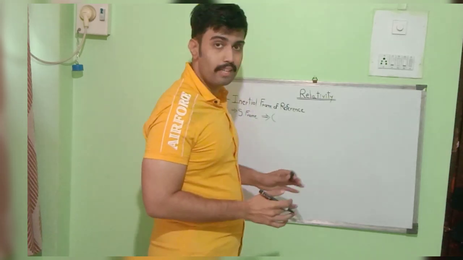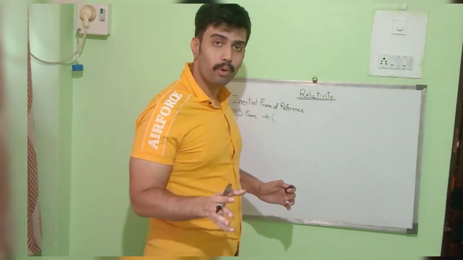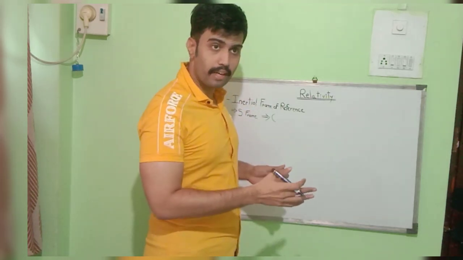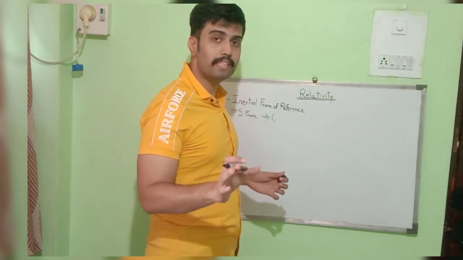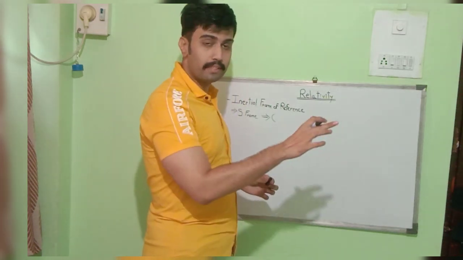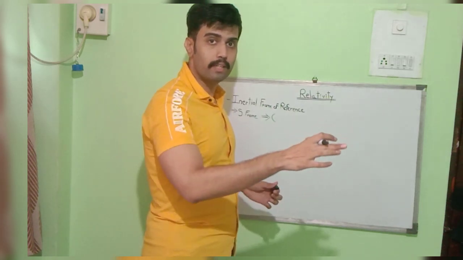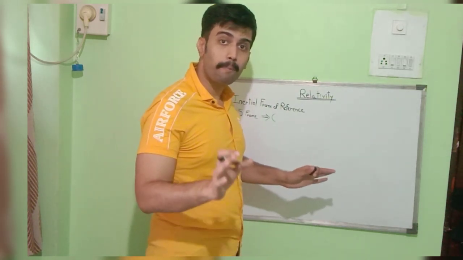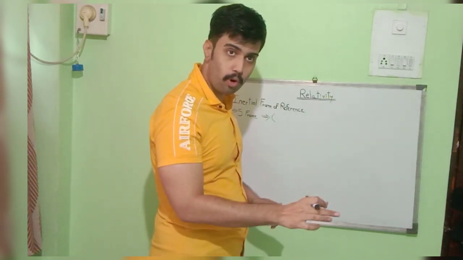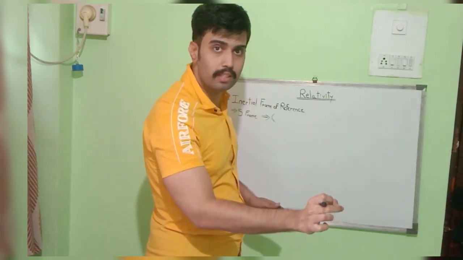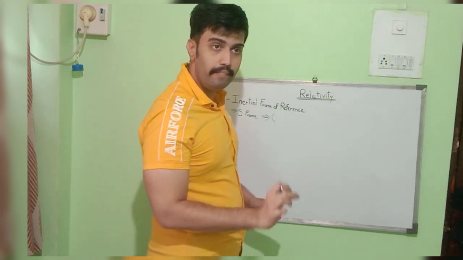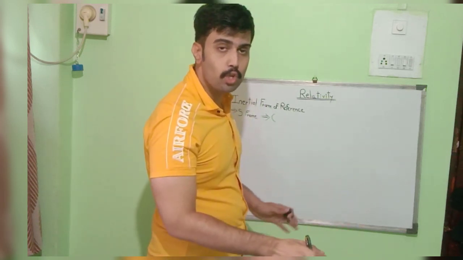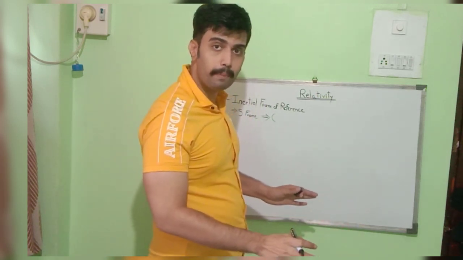For example, if you are sitting in a class, how will I know where the person is sitting? If I just say "the person," you will get confused about which person I should call. Then I will say the person sitting in a particular row and a particular bench number. When I specify that person in such a way, you will understand which person I want to call.